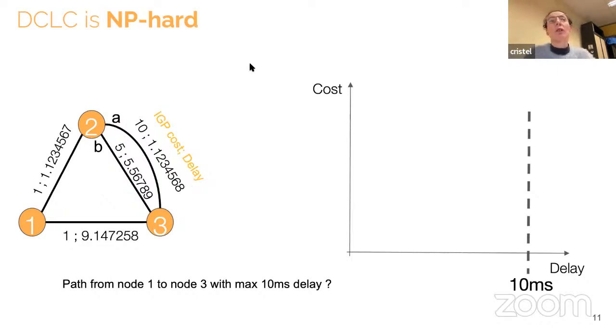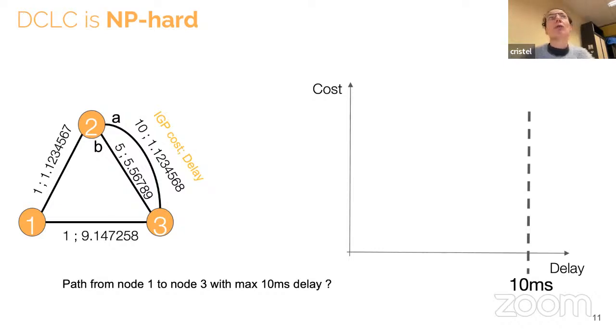So first of all, if we have this simple network on the left, and you want to compute a path from node 1 to node 3, we have a graph where we have 2 metrics on each edge. We have the IGP cost first, and then on the other side, we have the delay experienced along the link.